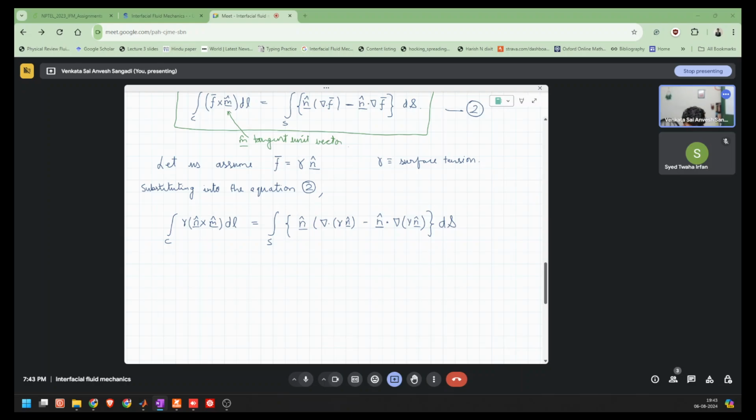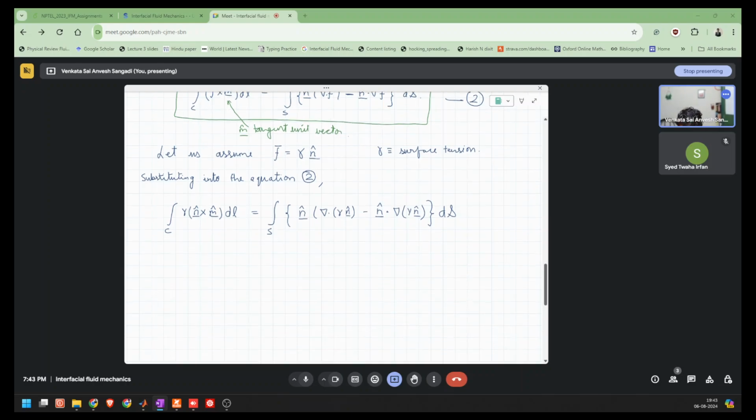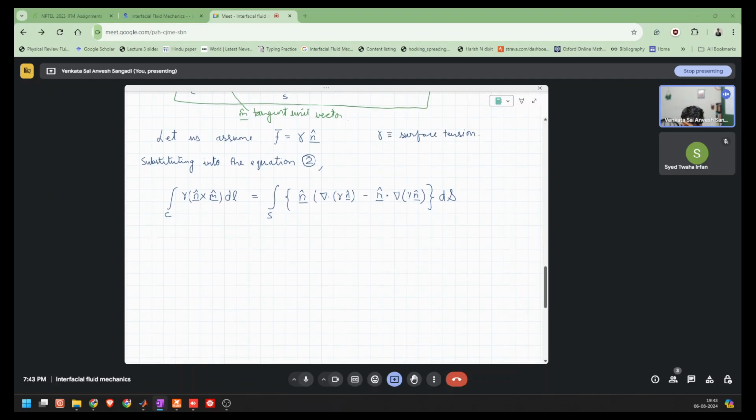Once we have this, this can be written as negative of t cap, as we have seen earlier in the starting.